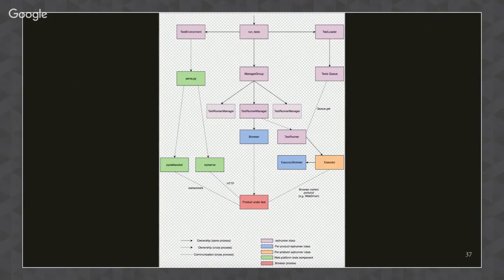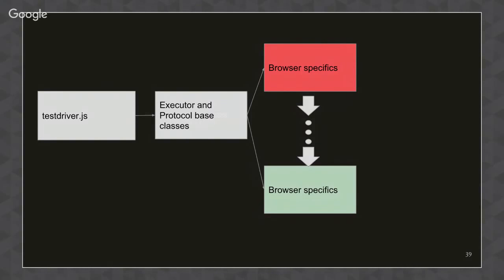Here's an architecture diagram, a bit out of the scope of this talk, of how WPT runner works. For testdriver, we need to modify the protocol and executor in this piece right here. The high-level overview of how it will work is we modify the testdriver object itself and add whatever API you're using.